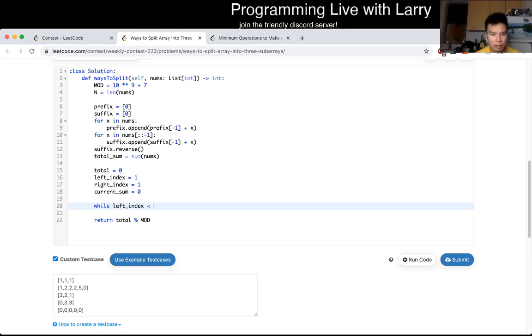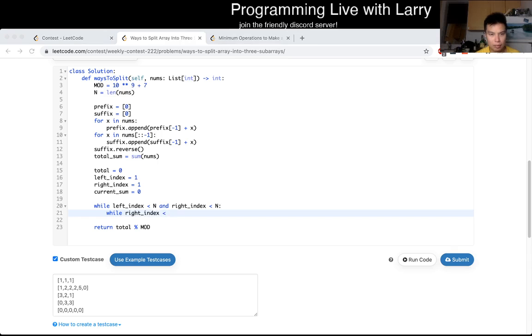No, n-1. I'm gonna have so many off by 1 issues.